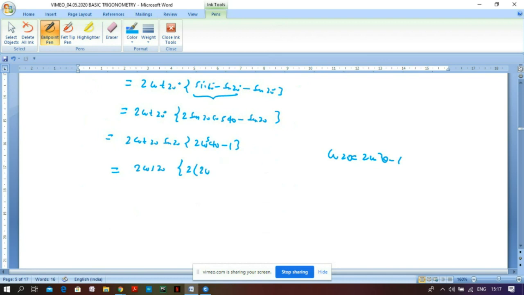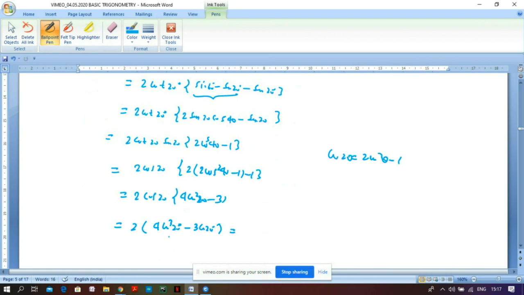So 2 times 2 cos square 20 minus 1 minus 1. So that is 2 cos 20, and this is 4 cos square 20 minus 3. 2 minus 1, 3. Take this cos 20 inside. You will get 4 cos cube 20 degrees minus 3 cos 20 degrees.